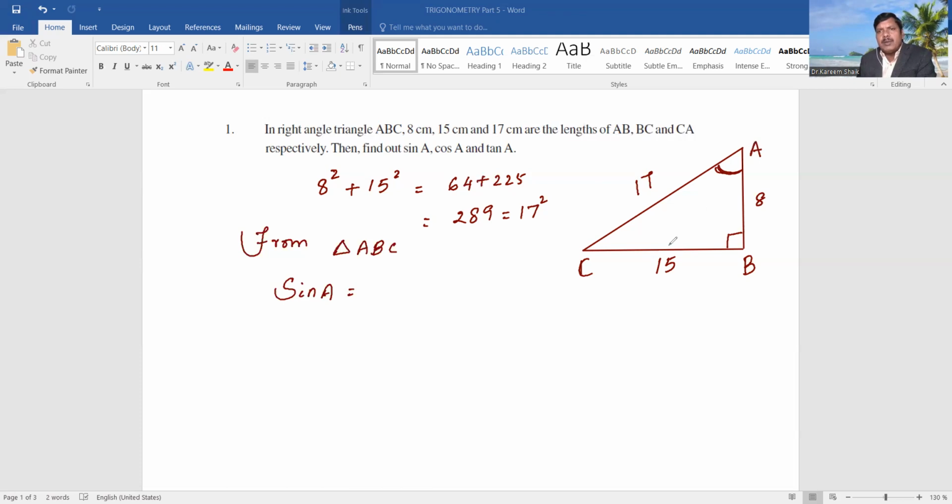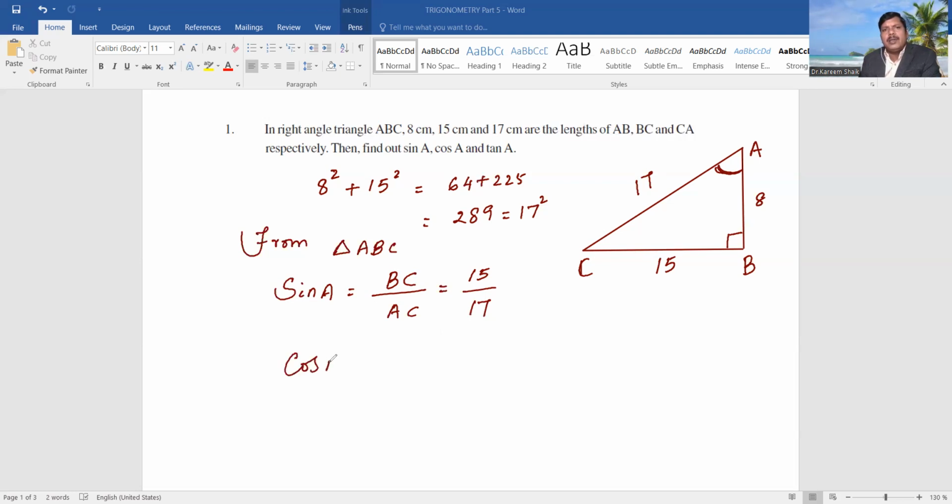So with respect to A, the opposite side is BC and the hypotenuse is AC. The value of BC is 15, the value of AC is 17. So the required value of sin A is 15 upon 17.